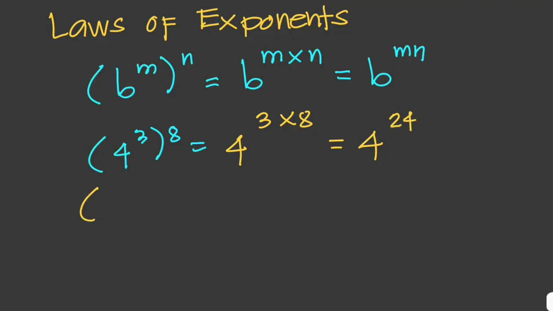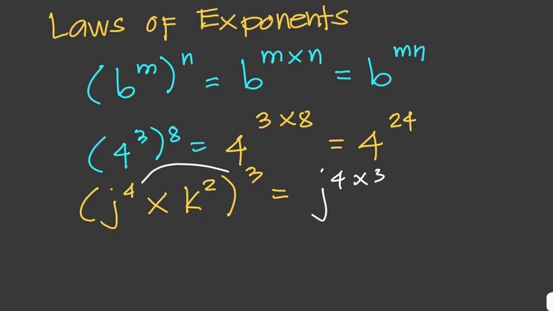What if we're given this, j to the 4th times k squared to the power of 3? So we already have two terms here. What we're going to do here is distribute the outside exponent to the inside exponents. So this would become j to the 4th times 3.